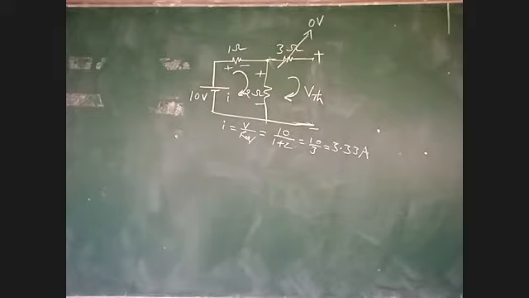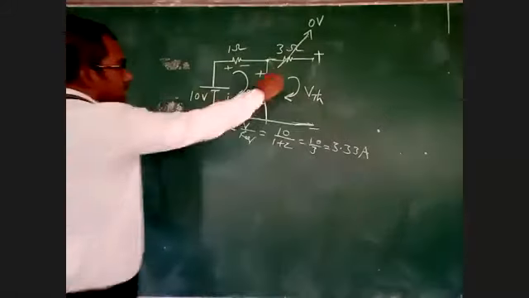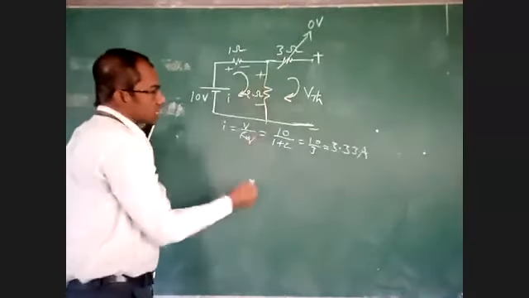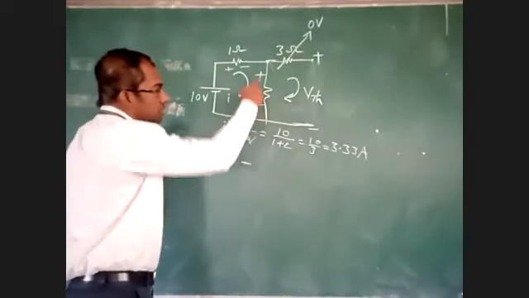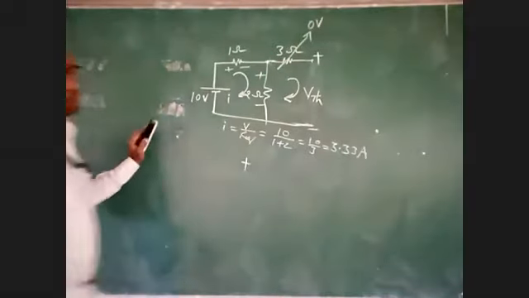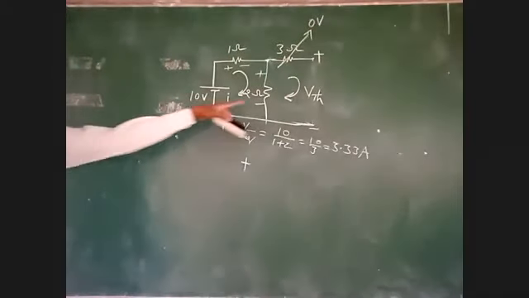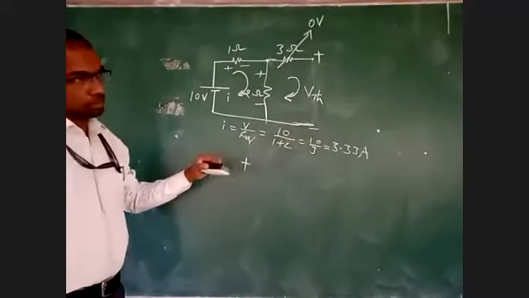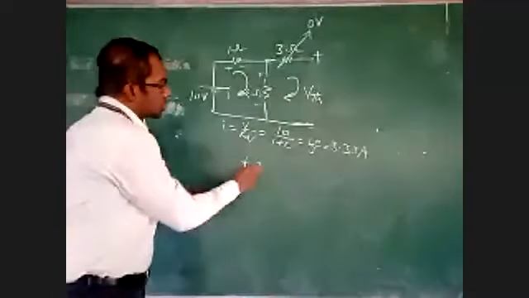Now see here. I'm taking this reference direction. This reference direction is moving from minus to plus. If the arrow is moving from minus to plus, the voltage is positive.